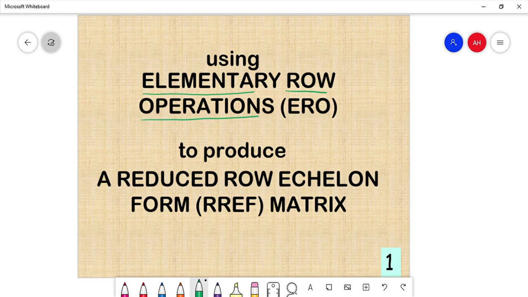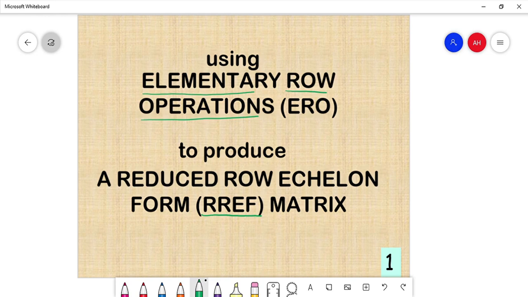R for reduced, the second R for row, E for echelon, and F for form.